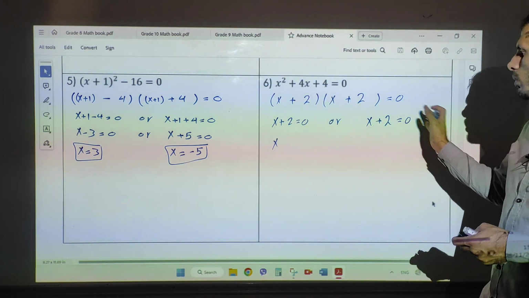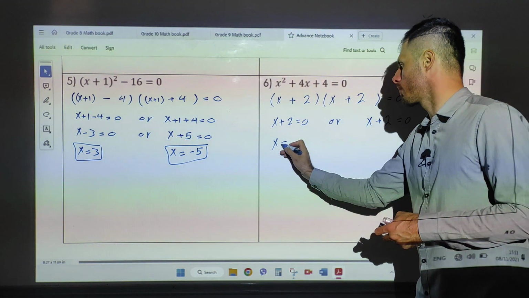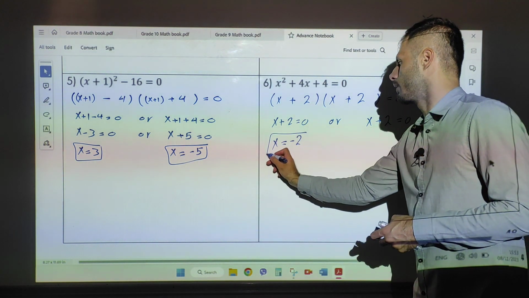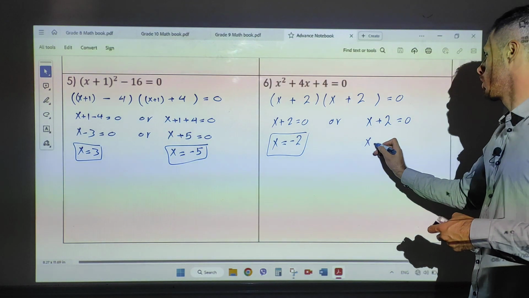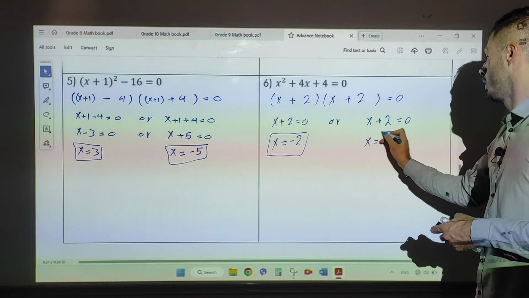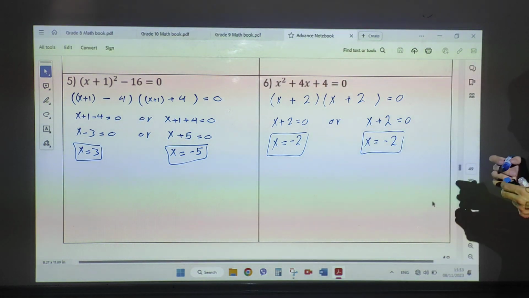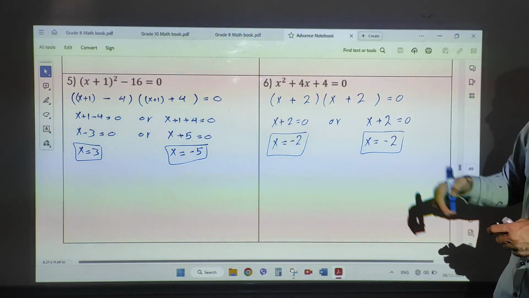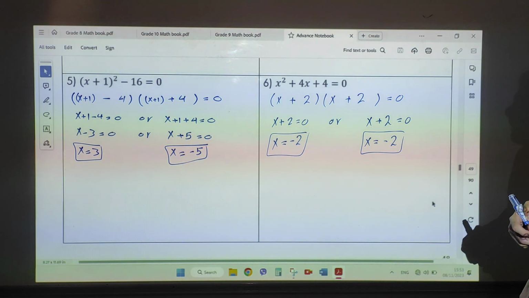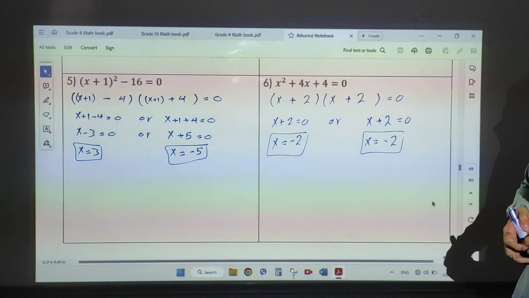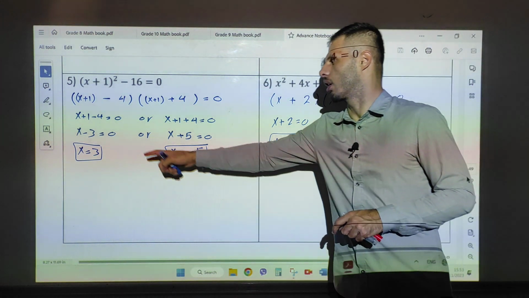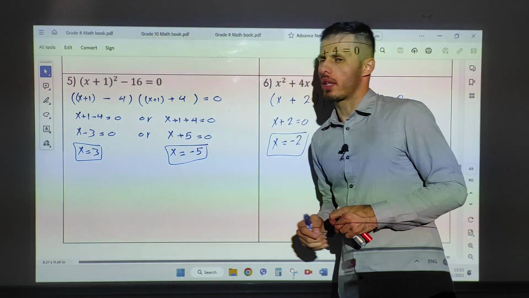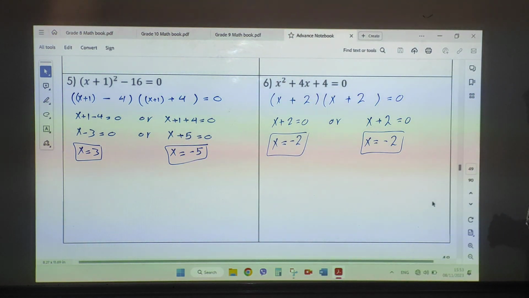That's why we solve both of them now. x is equal -2, or x is equal -2, which is the same. In perfect square trinomial, always we will get both brackets the same, same signs. But in difference of 2 squares, the only thing which is different is the signs: one of them must be positive, one of them must be negative.